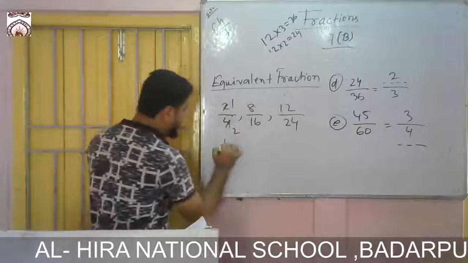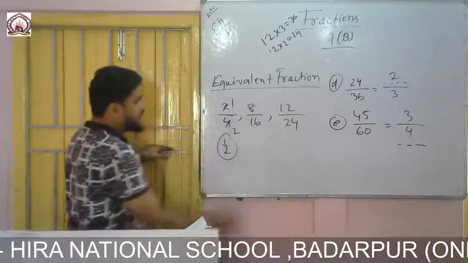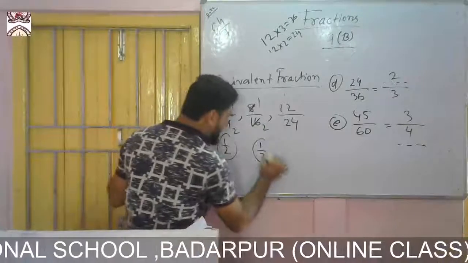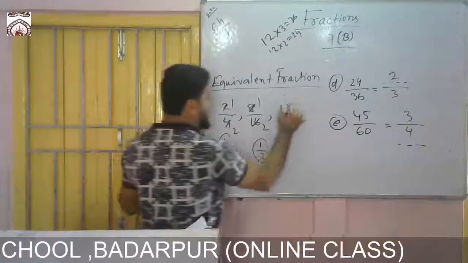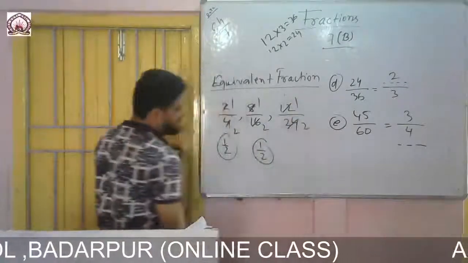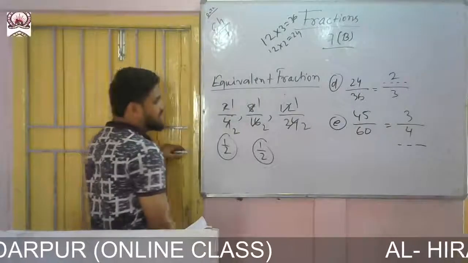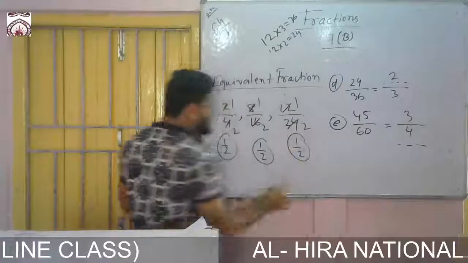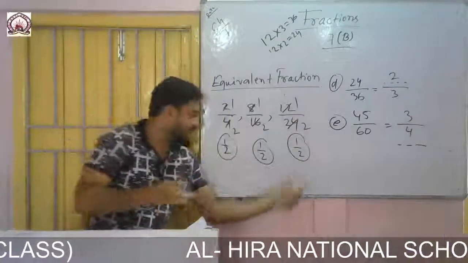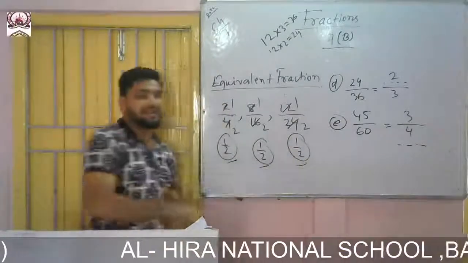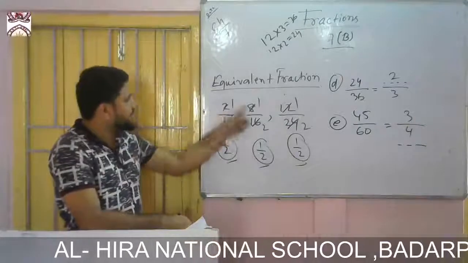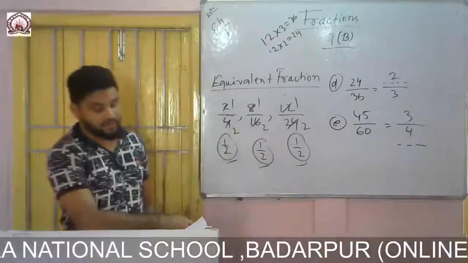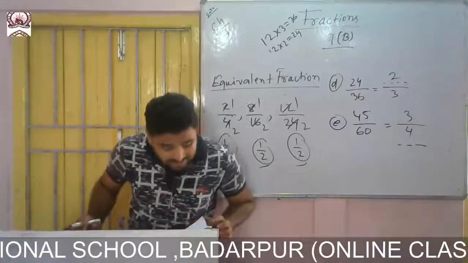In this case we are getting half. 8 ones are 8, 8 twos are 16. In this case also we are getting half. 12 ones are 12, 12 twos are 24. In this case also we are getting half. All the results are giving half. That means 2 by 4, 8 by 16, 12 by 24, these are all equivalent fractions.